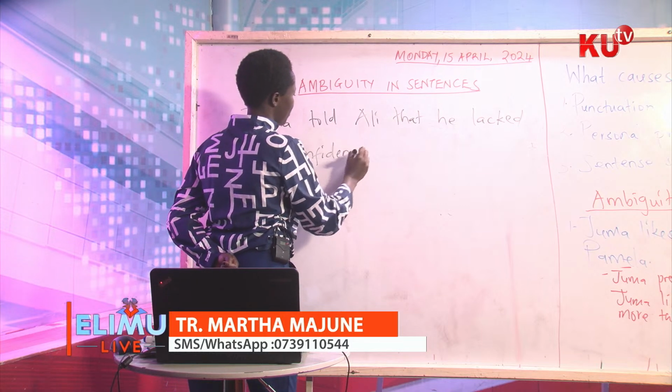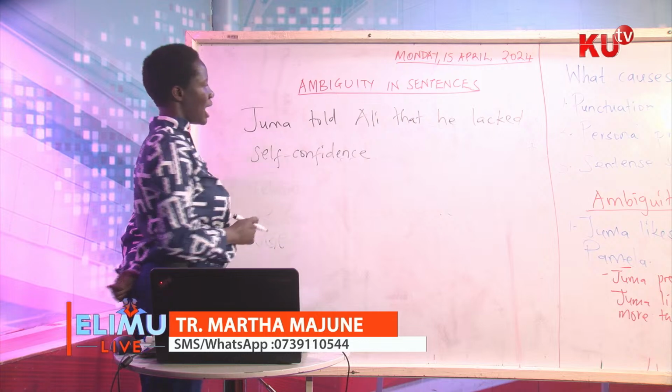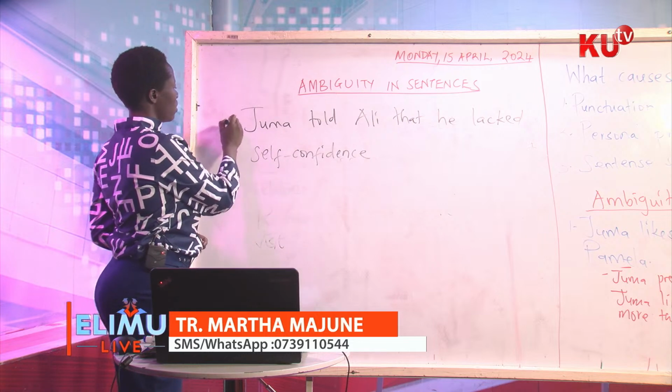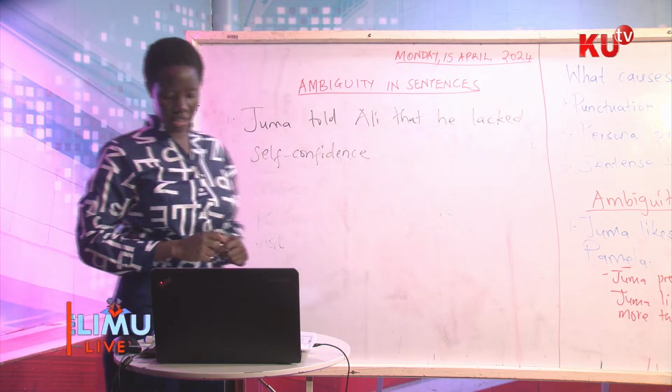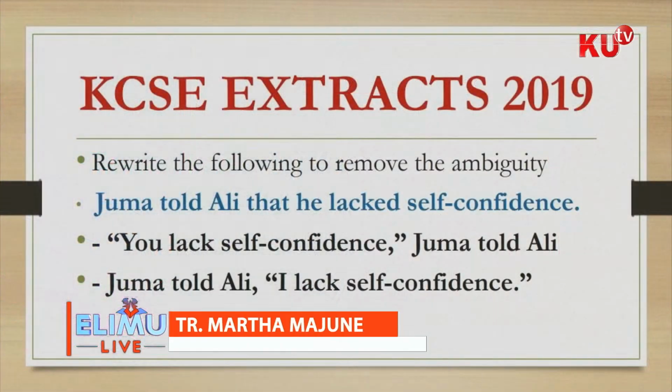Juma told Ali that he lacked self-confidence. So this was the first question under ambiguity in 2019.